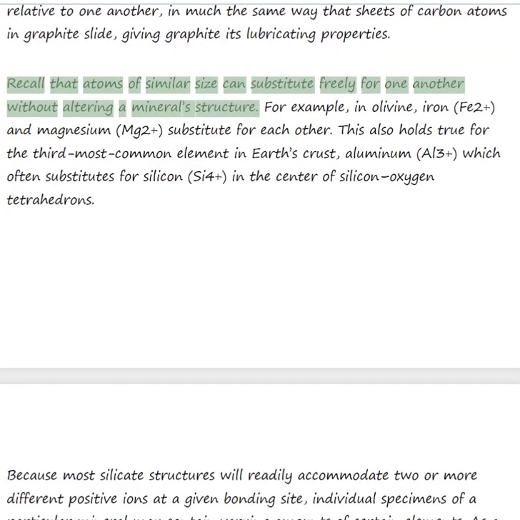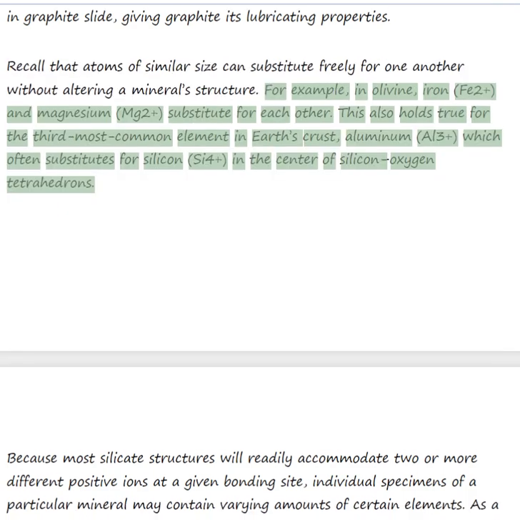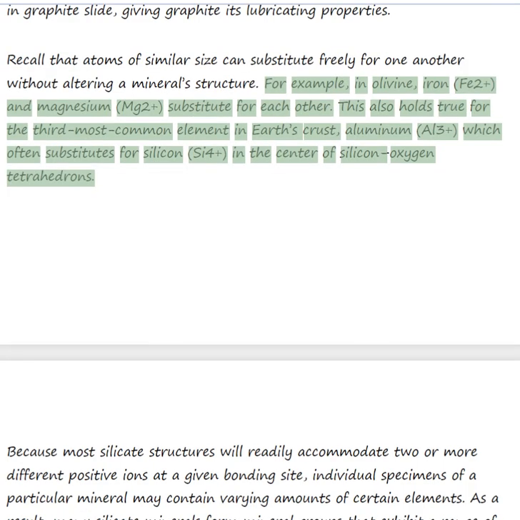Recall that atoms of similar size can substitute freely for one another without altering a mineral's structure. For example, in olivine, iron and magnesium substitute for each other. This also holds true for the third most common element in Earth's crust, aluminum, which often substitutes for silicon in the center of silicon-oxygen tetrahedrons.